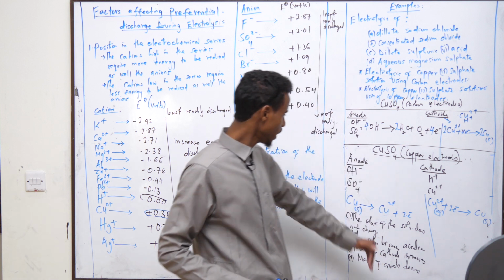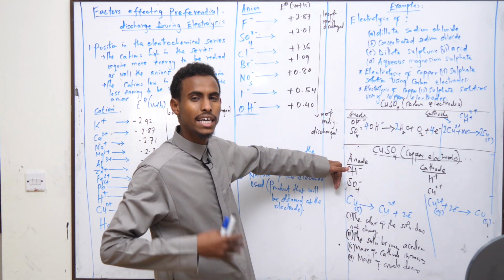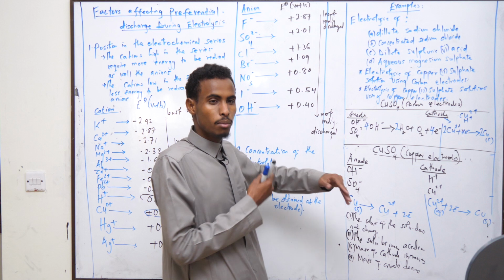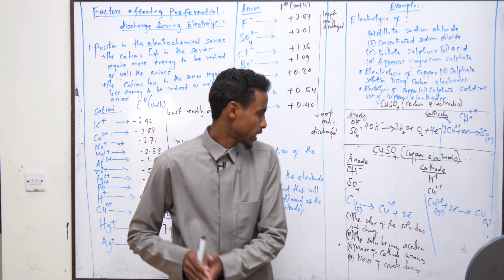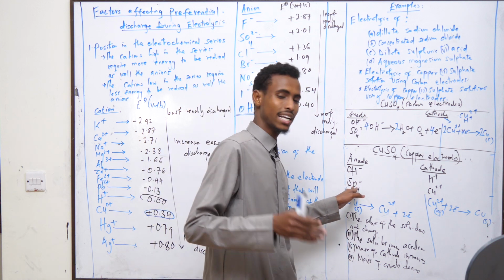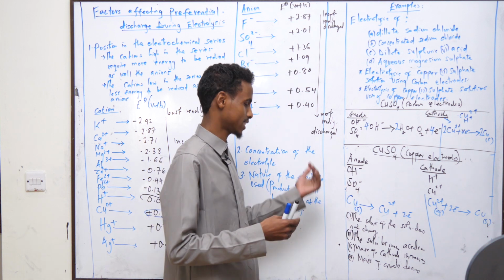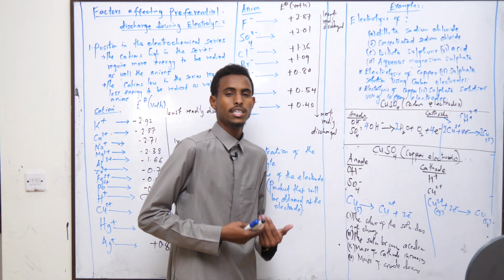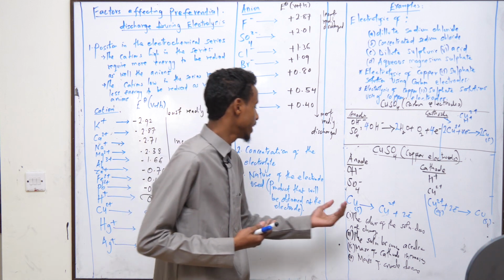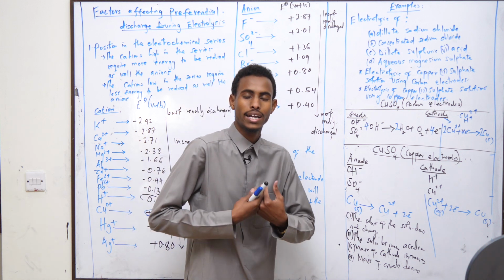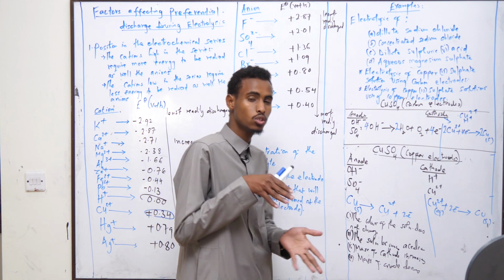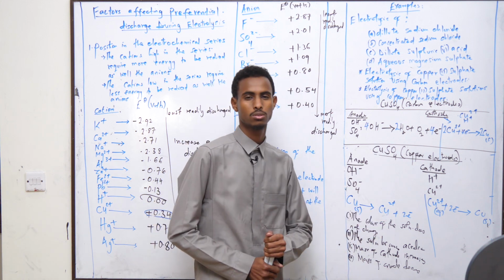Good. Now, at the electrode called the anode, neither the hydroxide nor the sulfate is going to get discharged. Instead, the copper anode undergoes oxidation and enters into the solution as copper 2 ions.